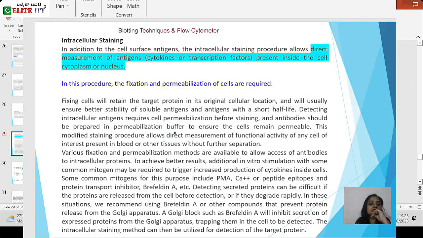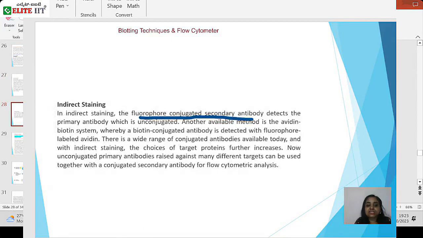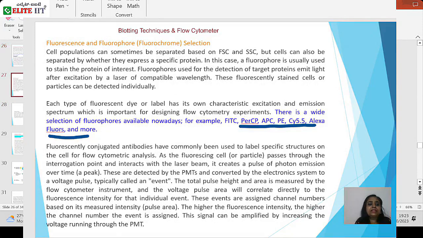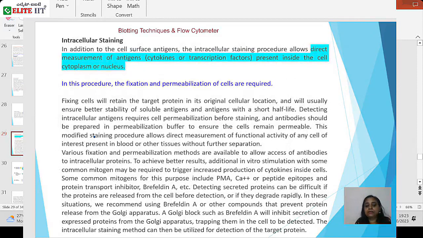Whatever we have discussed now, direct staining and indirect staining, those come under surface staining. If any receptor is present on the cell surface, you can do the direct method and indirect method. Another thing is how you will stain intracellular compounds. At the very start I told you that you can identify two types of molecules, intracellular as well as surface molecules.